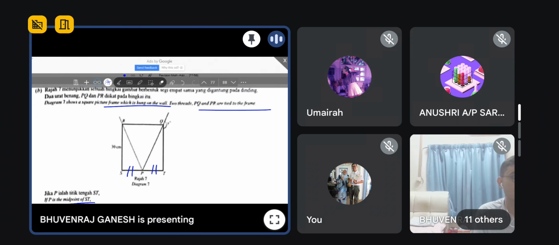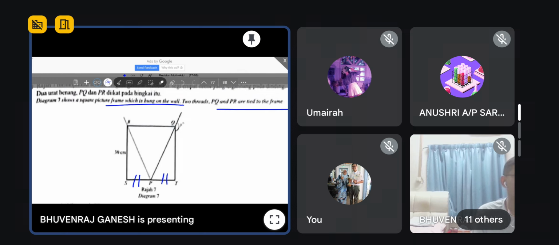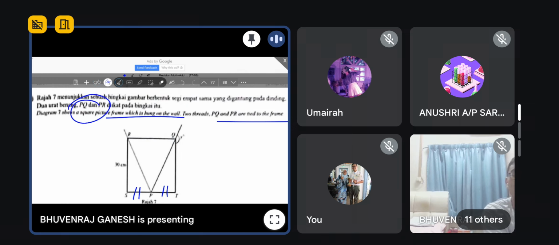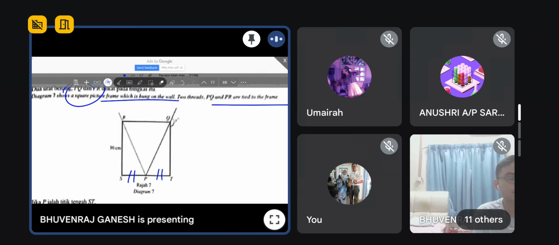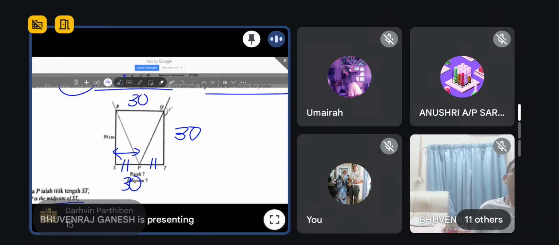Okay, guys. So how am I going to get my PR? Can anyone tell me? This is a square, guys. Take note. It's a square. So means that all the sides are 30 cm. Setiap sisi adalah 30. So can you all tell me what is the length for SP? Apa panjang SP?